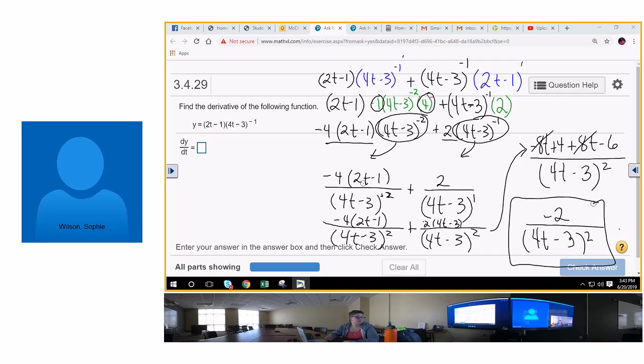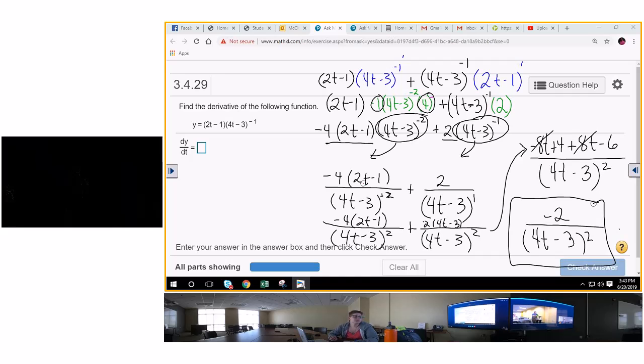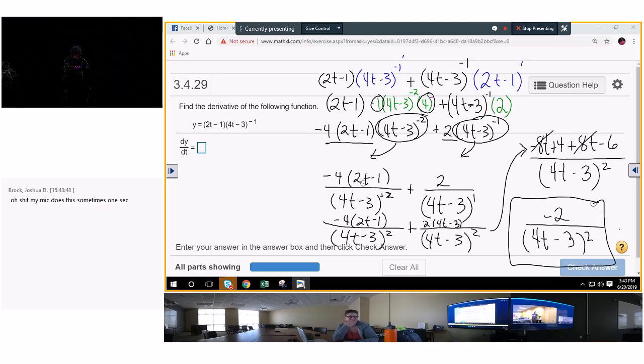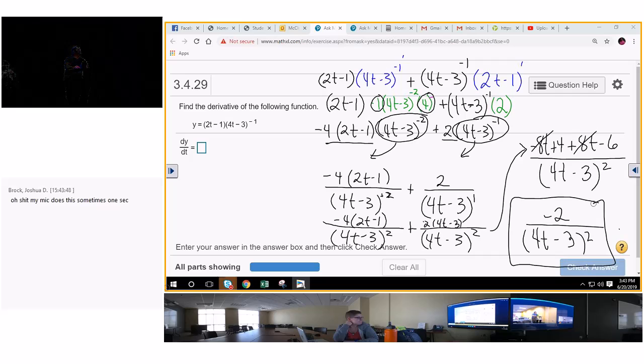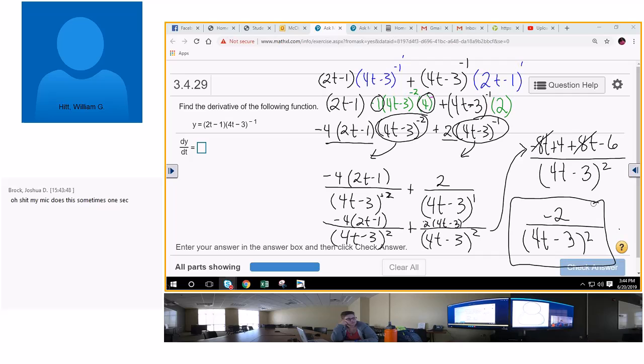I think it's like someone's mic messed up. Did y'all like Alvin and the Chipmunks? I never did like Alvin and the Chipmunks. I wanted to step on them when I was little. Mr. Brock, is that what your microphone does? Hello? Is that better? Yeah, that's better.